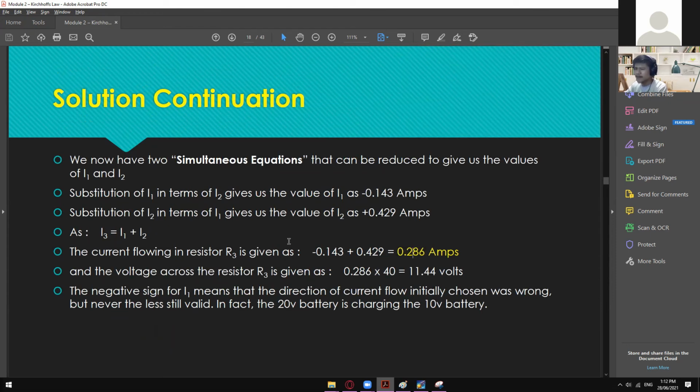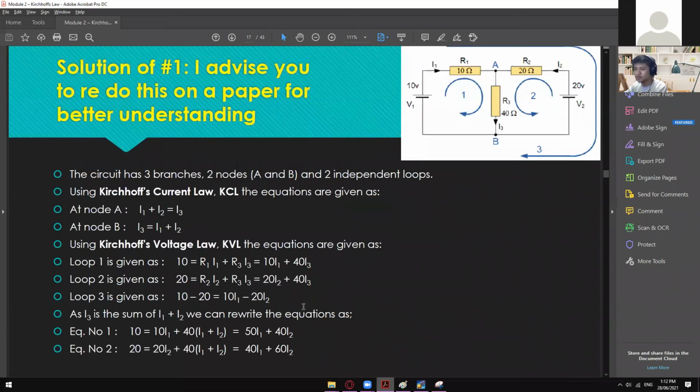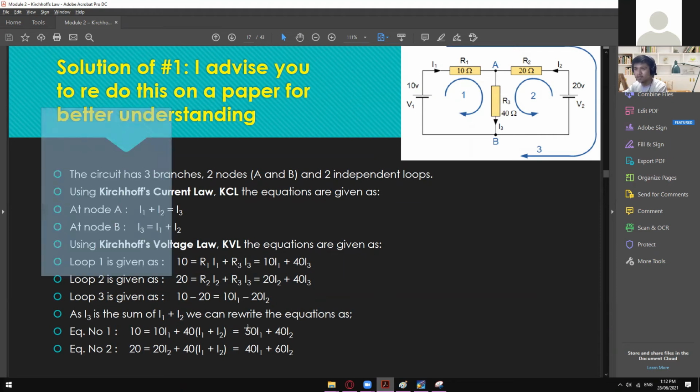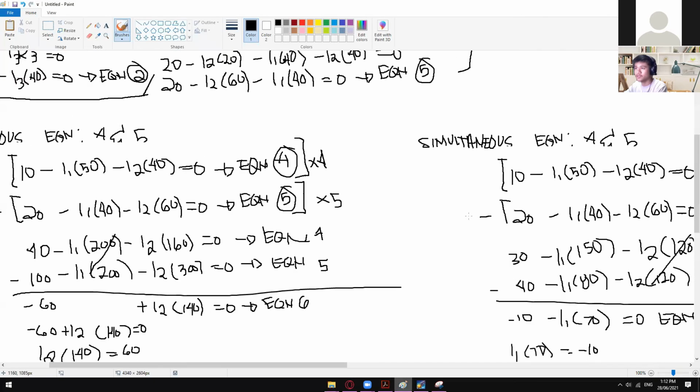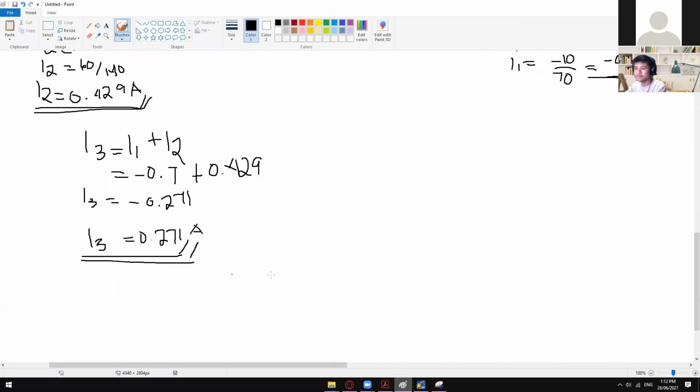Since we have two different results, where I got negative 0.143 and the other one is the same, which is 0.429, I would like you guys to recheck what differs between my solution right here and my solution right now.